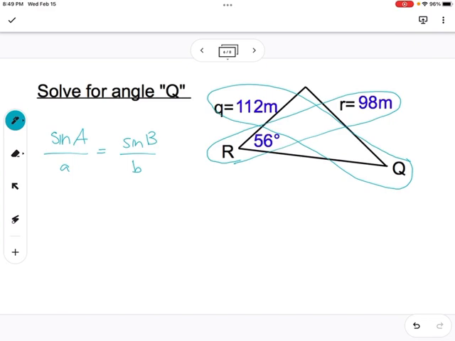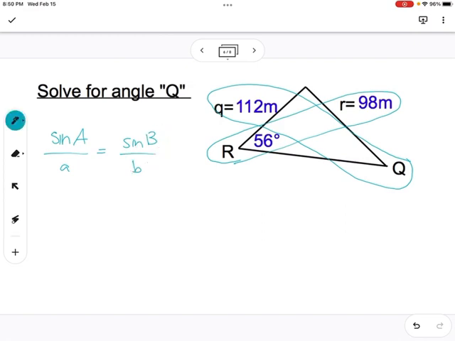With having your unknown on the top, it just makes solving a little bit easier. You're saving a couple steps. So even though we don't have A's and B's in our diagram, we're just going to be replacing the A's and the B's with R's and Q's.